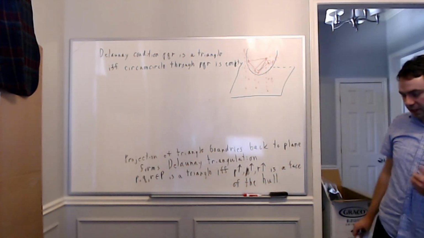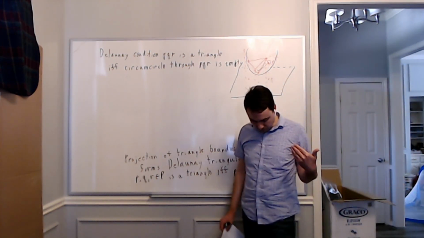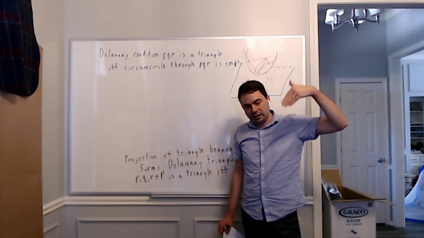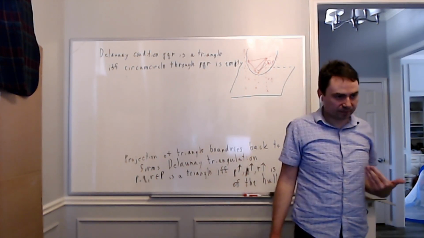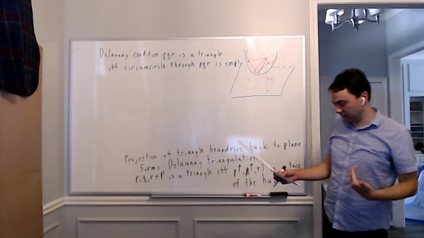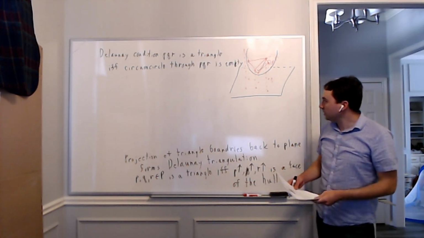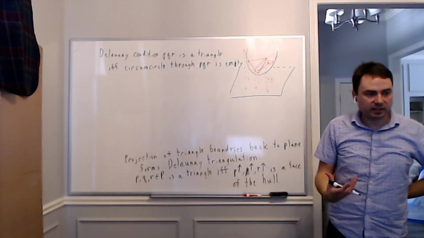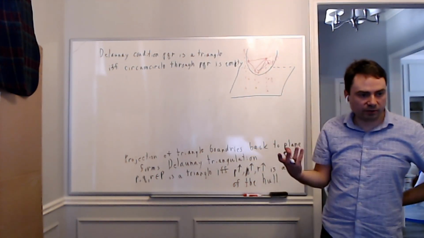At the beginning of the semester, I said that for the plane, a line segment lies in the convex hull if and only if all the points lie to one side of the line through that line segment. And it's a similar statement here. A triangle lies on the lower hull if and only if every other point lies above the plane going through the triangle.